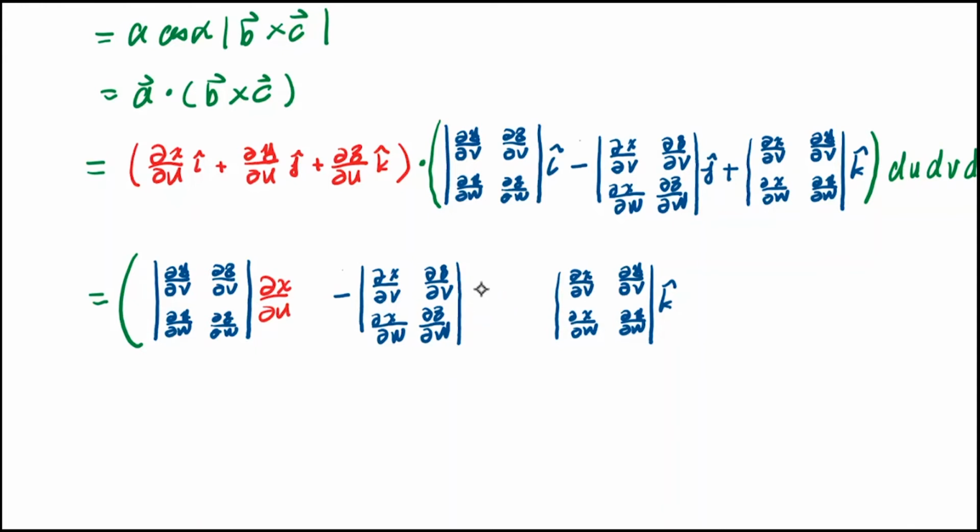And then partial y and partial u is here. And I need partial z and partial u is here. Do you agree with this statement?